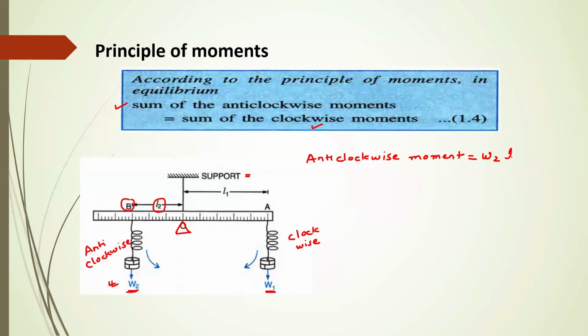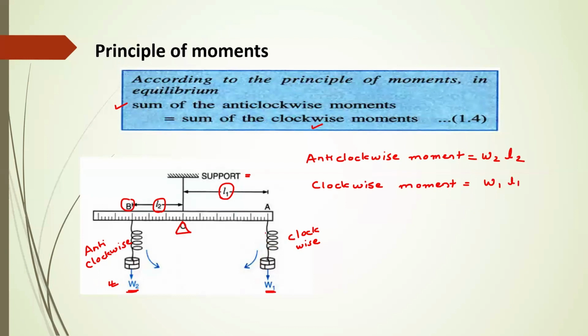So W2 L2, and the clockwise moment is equal to W1. If I put the weight here, it is going to move the scale in clockwise direction. So that is W1 into the perpendicular distance from the pivot, that is L1.